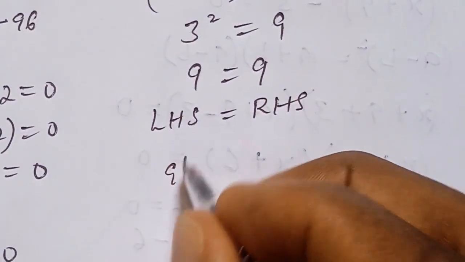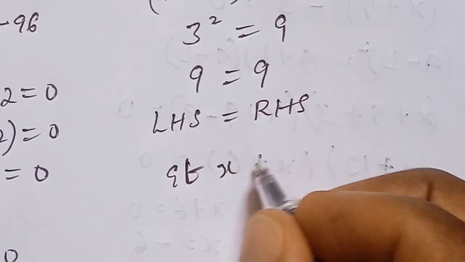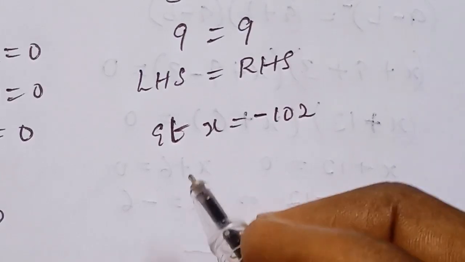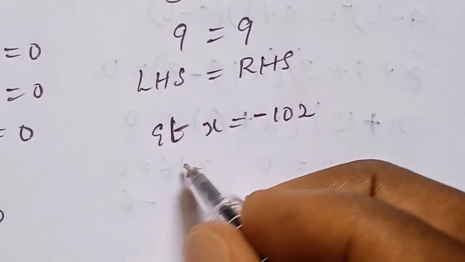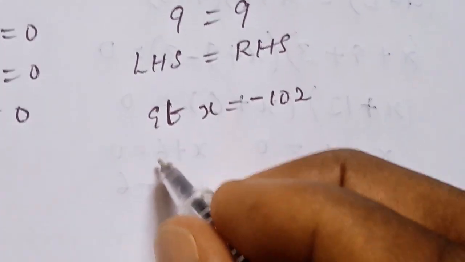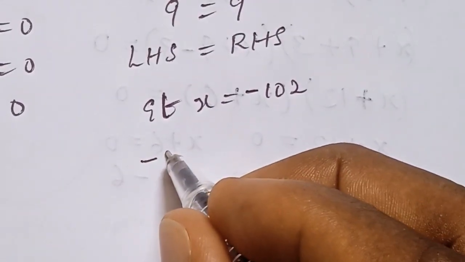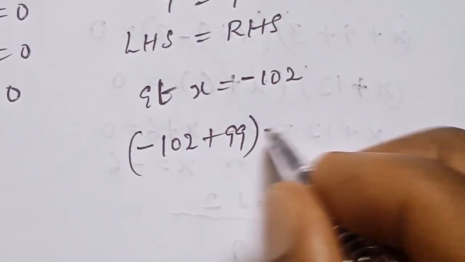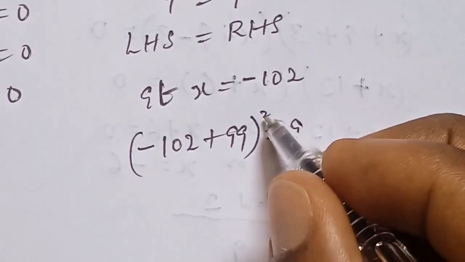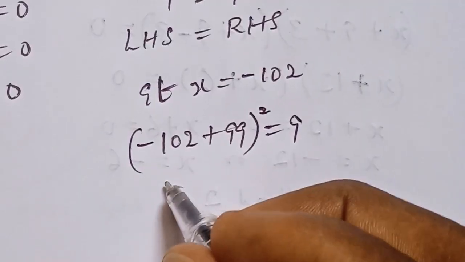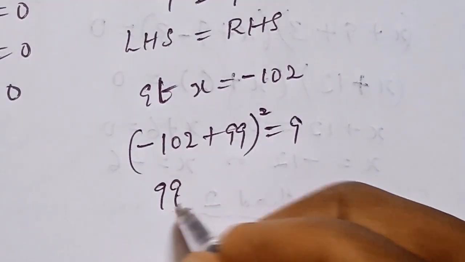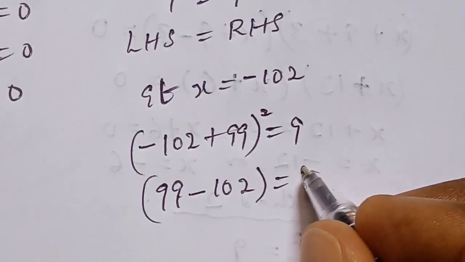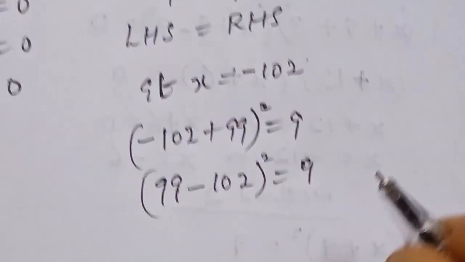But at x equal to minus 102, would that be the same? Will the left hand side be equal to the right hand side? So we have minus 102 plus 99 in brackets to the power of 2 equal to 9.